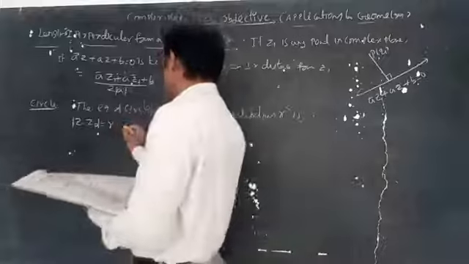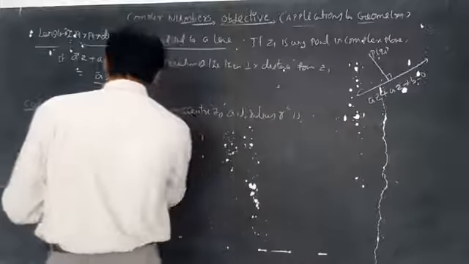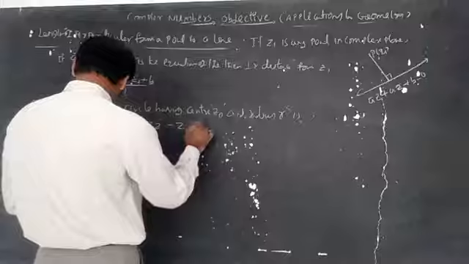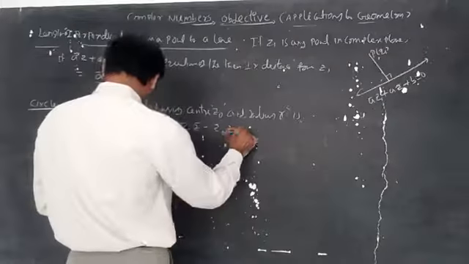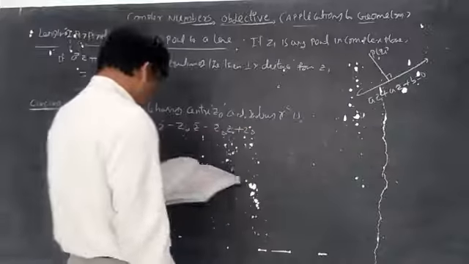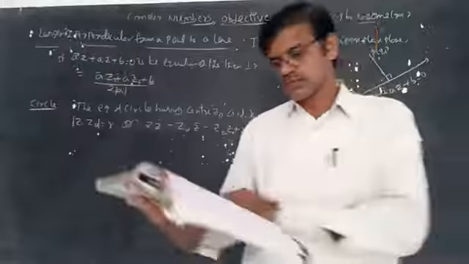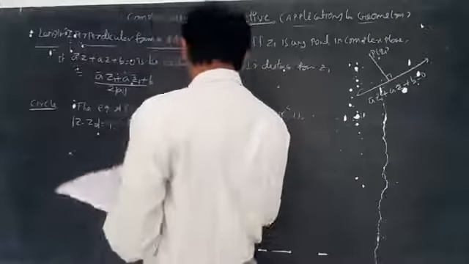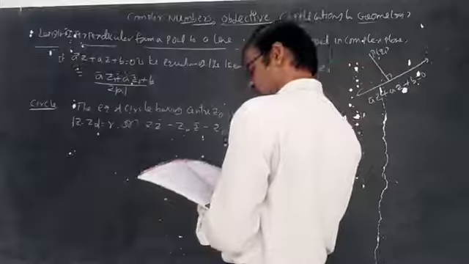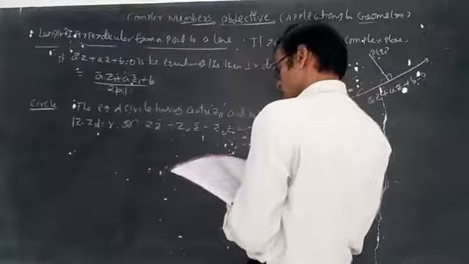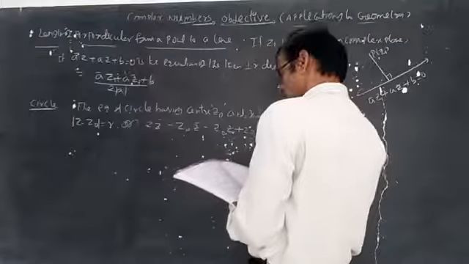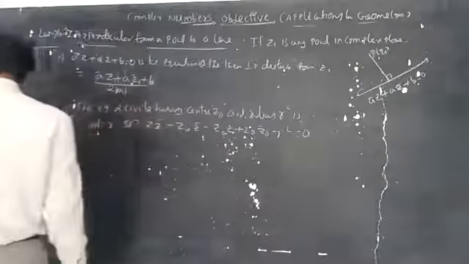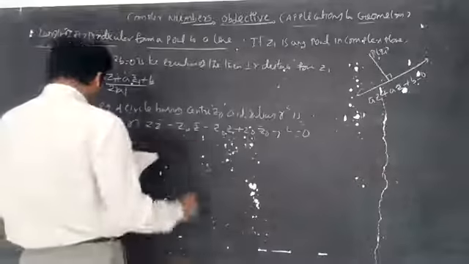Now modulus of z minus z0 equals r, this is another method. Using z bar: z minus z0 into z bar minus z0 bar equals r square, which gives z z bar minus z0 bar z minus z0 z bar plus z0 z0 bar minus r square is equal to 0.